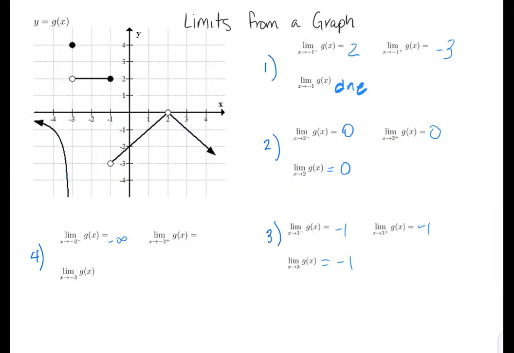If we get on the right-hand side of -3, that puts us up here. That y value is +2 that it is approaching. The fact that those are different, and again, these two things would not touch, that means that this limit does not exist. So there's how you evaluate limits from a graph.